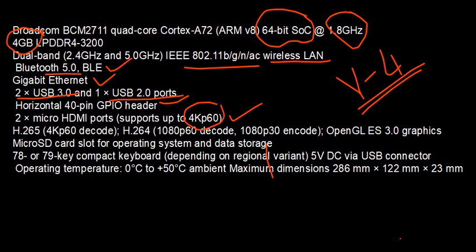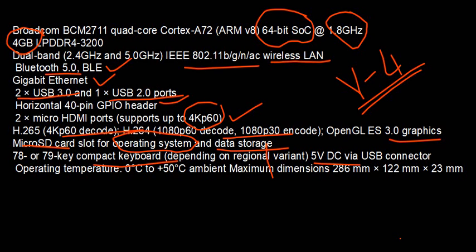Then you have these things, which are not required because they come under the graphics specification. Micro SD card slot for operating system and data storage. So you can have both operating system as well as data storage. A compact keyboard, 5-volt DC via USB connector, operating temperature of 0 degree to 50 degree.